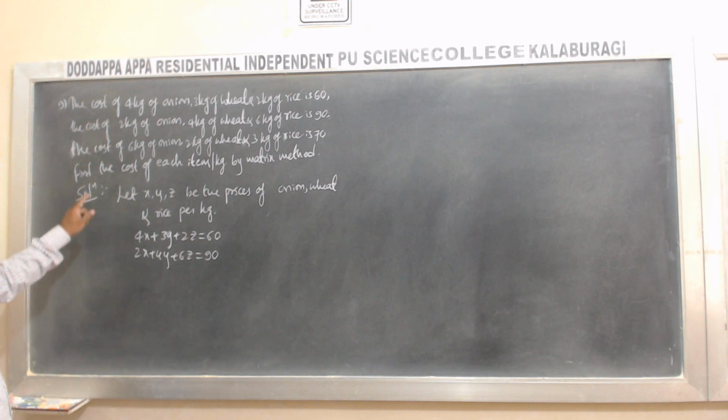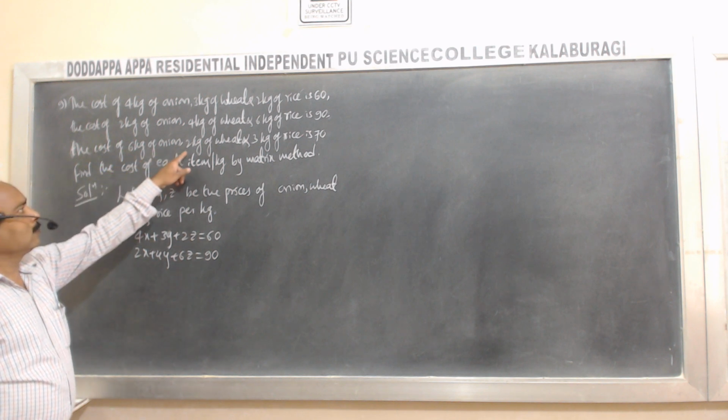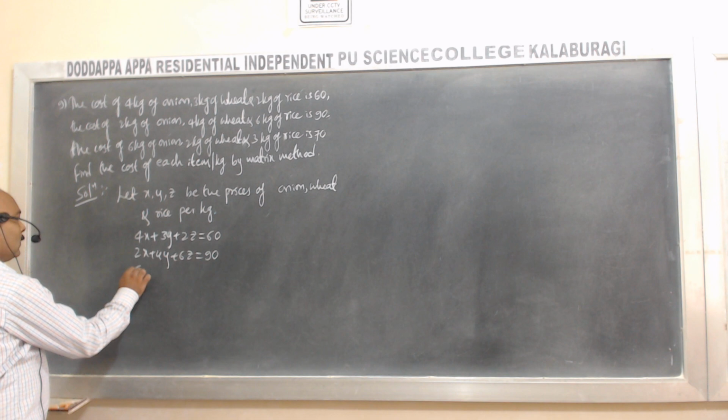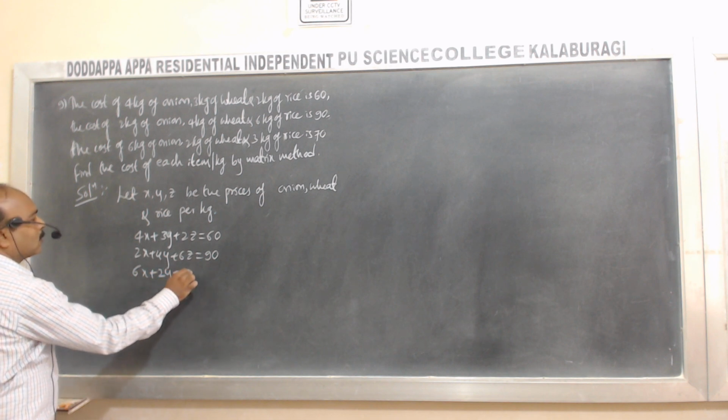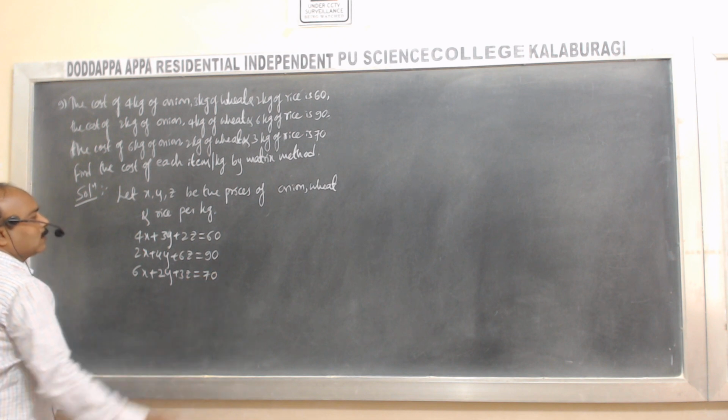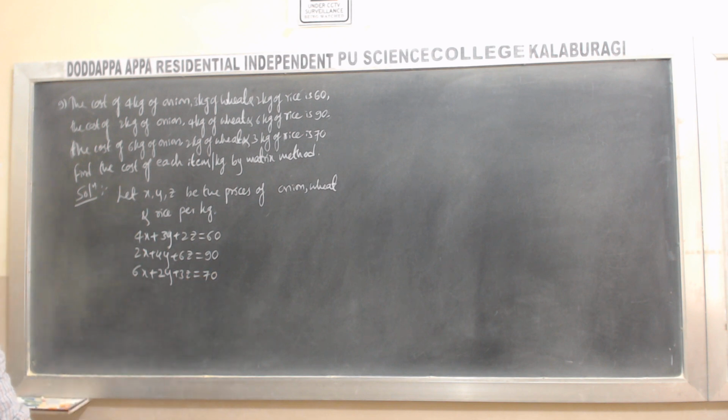Similarly, third equation, it is 6 kg, 2 kg, 3 kg. We get 6x plus 2y plus 3z equal to 70. Now these are three linear equations. Now we can use the matrix method for solving them.